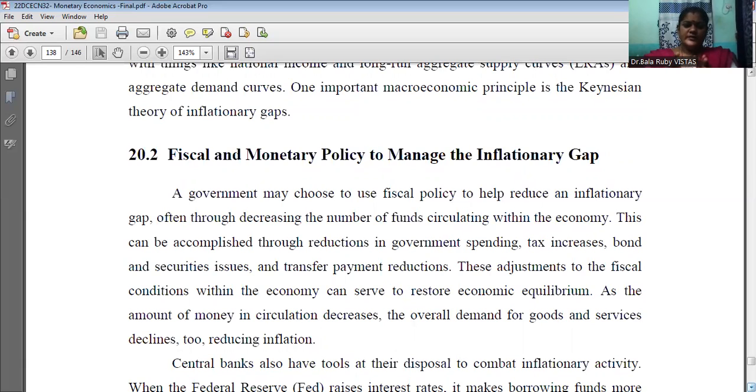This can be accomplished through reductions in government spending, tax increases, bond and security issues, as well as transfer payment reductions. These adjustments to the fiscal conditions within the economy can serve to restore economic equilibrium. As the amount of money in circulation reduces, the overall demand for goods and services declines, reducing inflation.